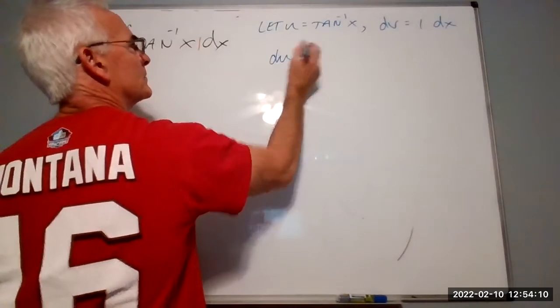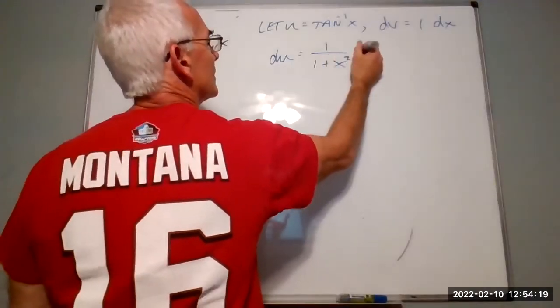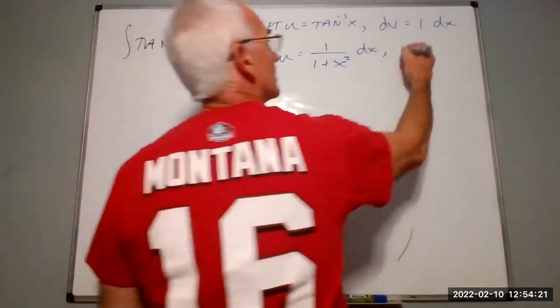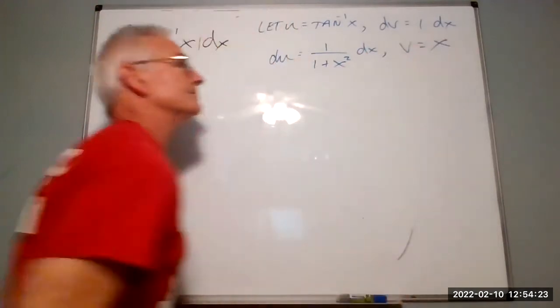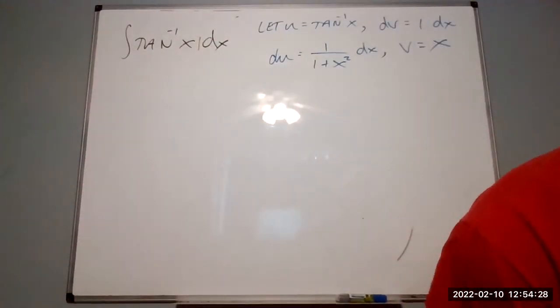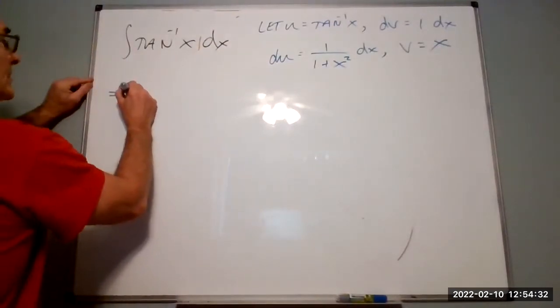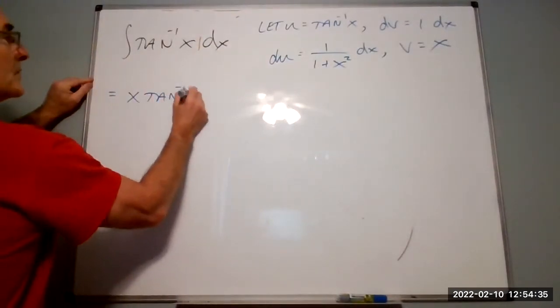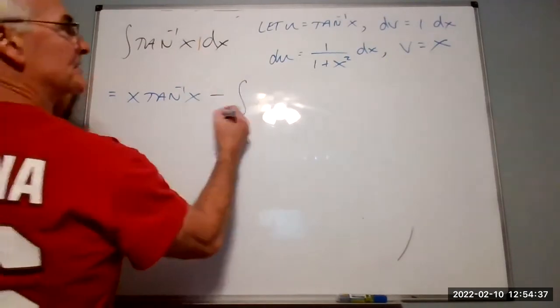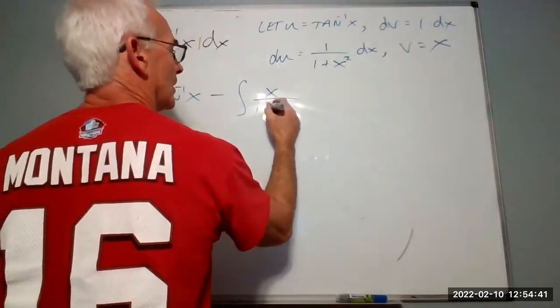What's the derivative of inverse tan x? 1 over 1 plus x squared. Good. 1 over 1 plus x squared dx. And then over here, I'm going to get v equals x. Okay. So we've got that this is uv. So x inverse tan x minus the integral of v du. Since that's a quotient, I'll just go and put the x on top.